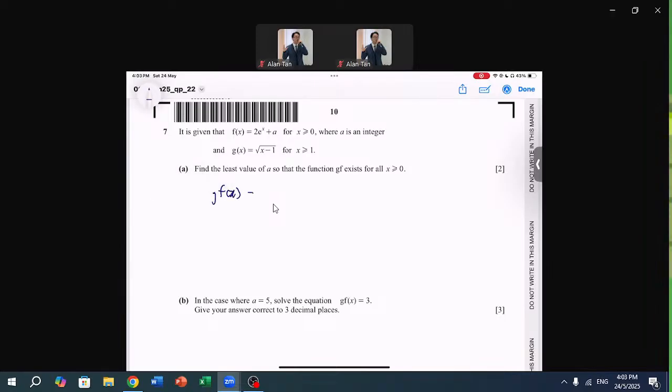gf(x) means g with f(x) substituted in it. So that means square root of f(x) minus 1, which gives square root of 2e^x plus a minus 1.